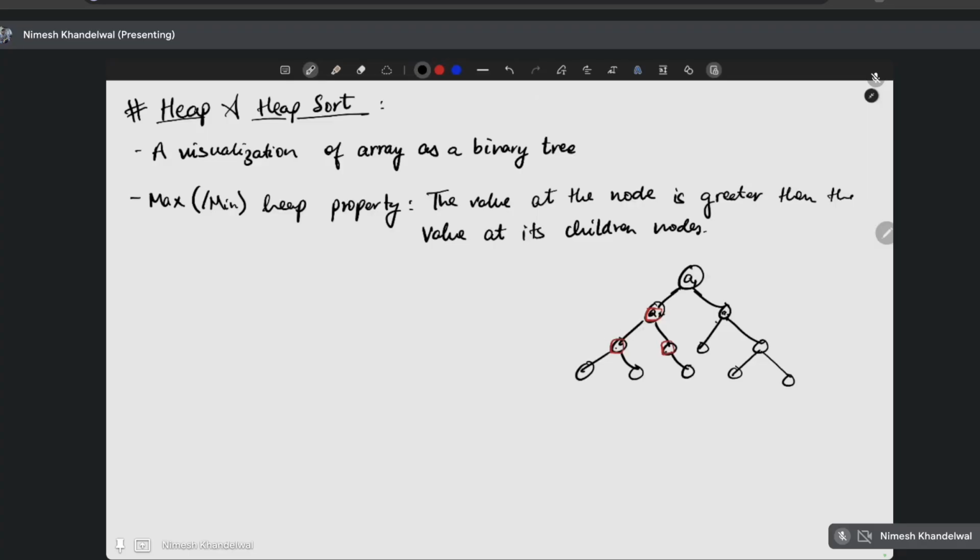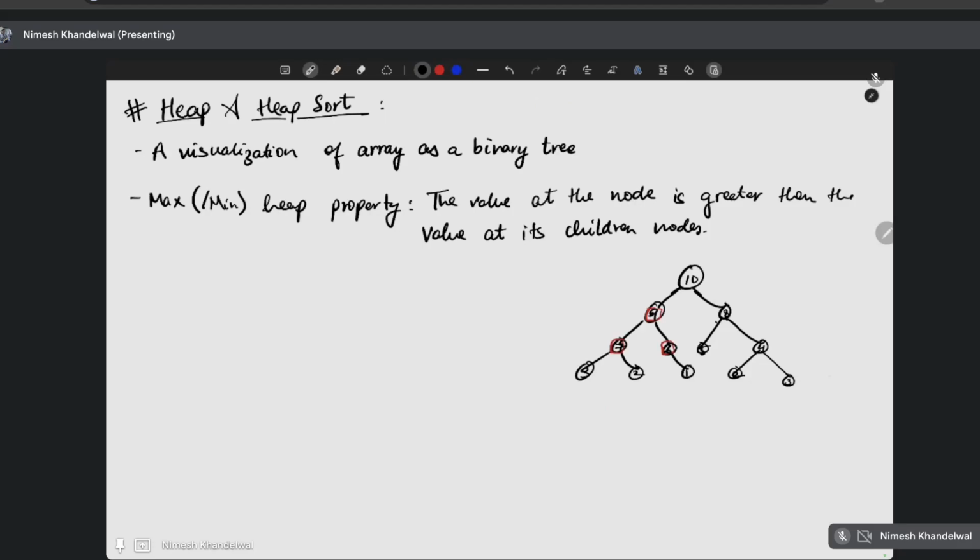So for example, let's say I keep 10 here, right? And then 9 and 8, and then 7, 6, 5, 4, 3, 2, 1, 2, 3, right?